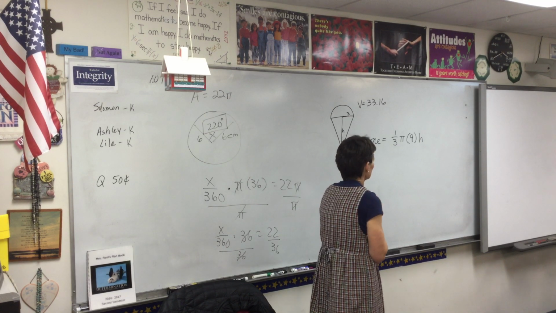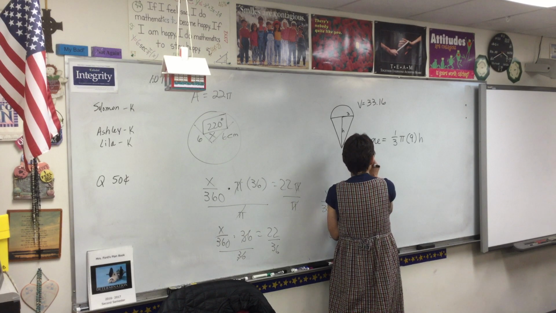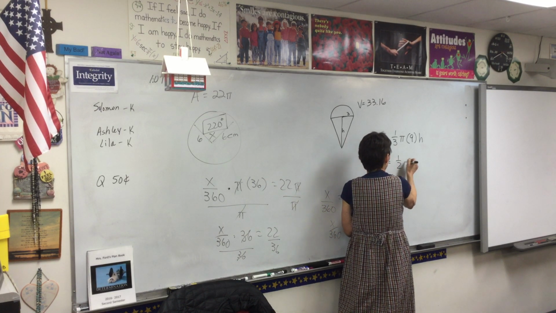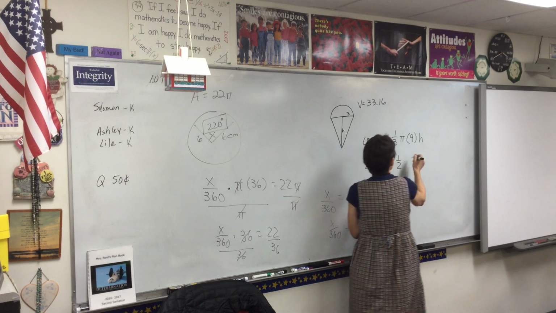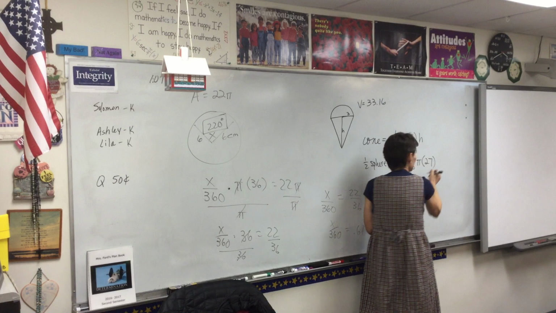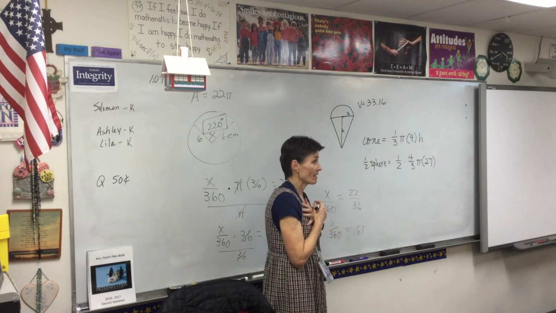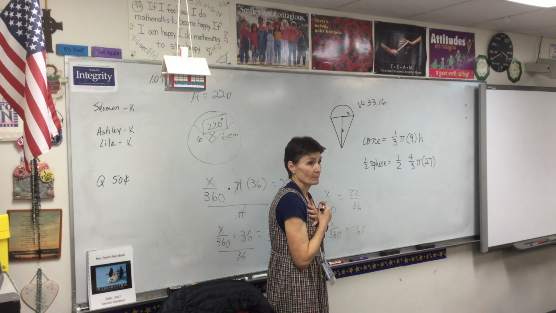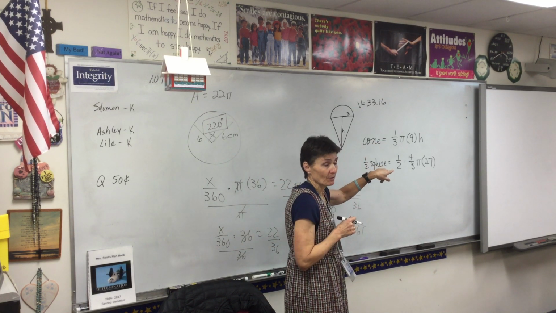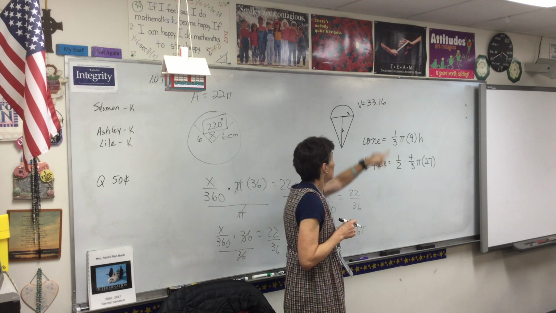We're going to figure it out though. And then we have the ice cream, which is a half sphere, which is 1/2 of 4/3 pi r cubed, which would be 3 cubed or 27. Now, those two things added together make that.